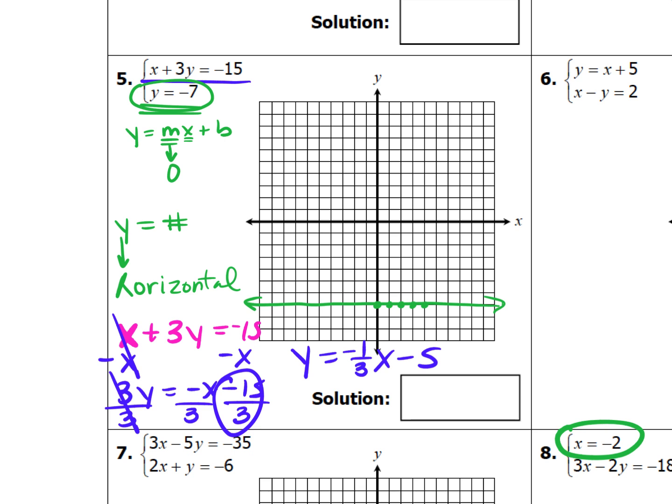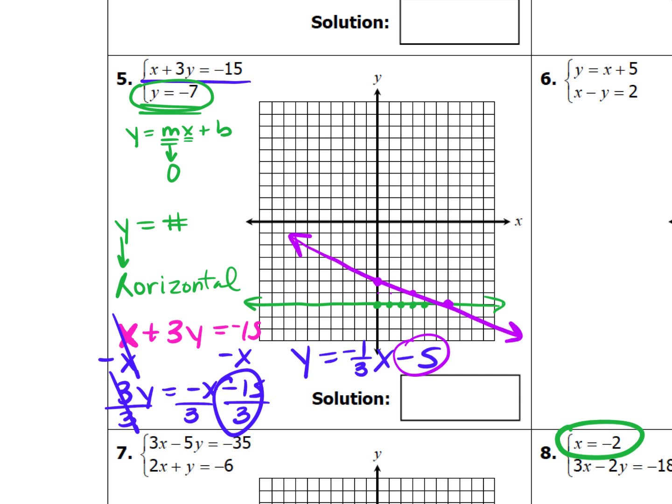Okay, did it look like this? -5 goes 1, 2, 3, 4, 5, and then -1/3. So down 1 to the right 3, down 1 to the right 3. Does yours look like that?